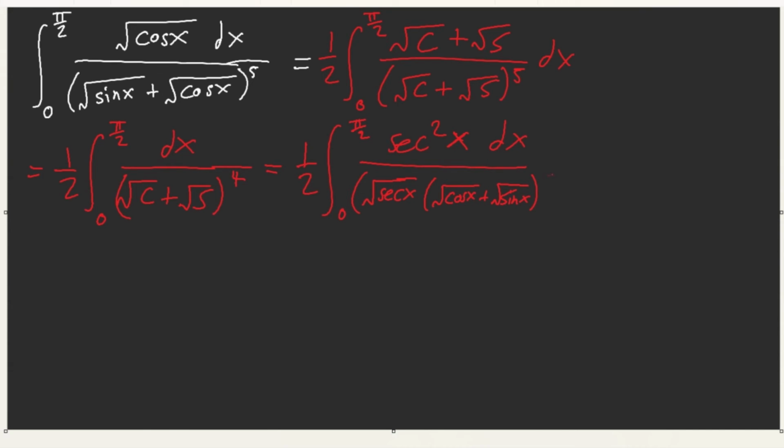Inside the fourth power is secant x, square root of secant x. Okay, so that's how we're able to distribute this, and now this gives us from 0 to pi over 2.